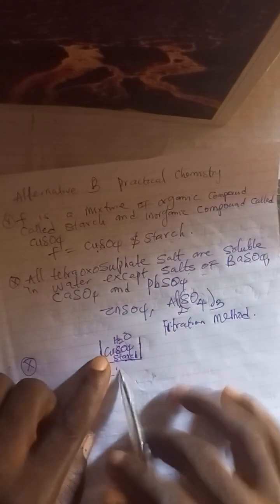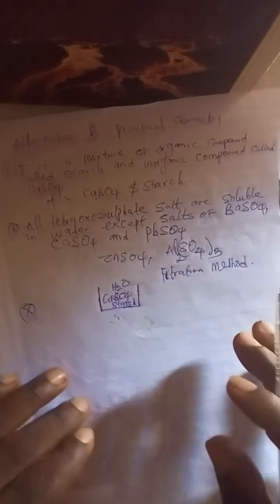That is the method we are going to use to separate these two mixture. And how do filtration method look like? Or how can you use filtration method to separate them? Look at what we call filtration method. That is the practical aspect of it.